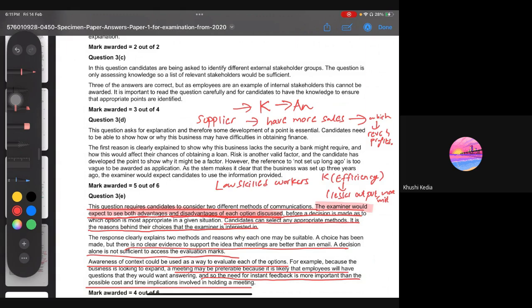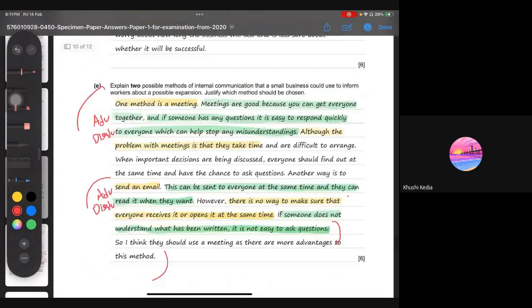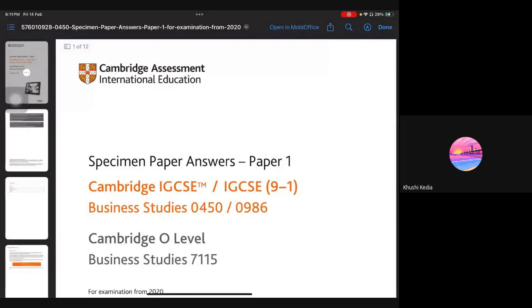Now, sometimes, Kushi, this is something you have to think about: they have not even given you the method. Let's suppose email is a method, like in this answer here.